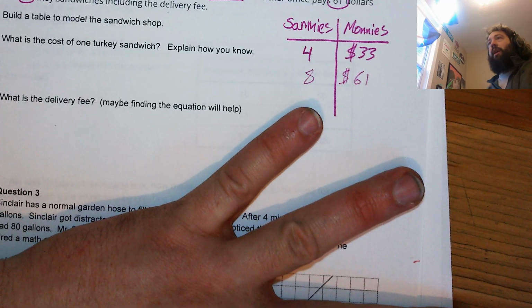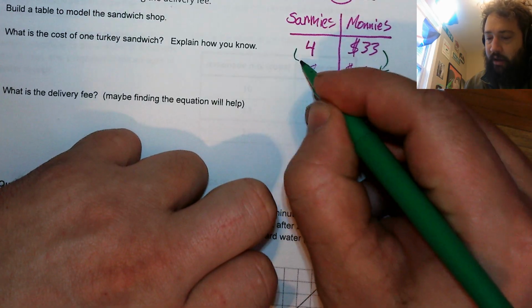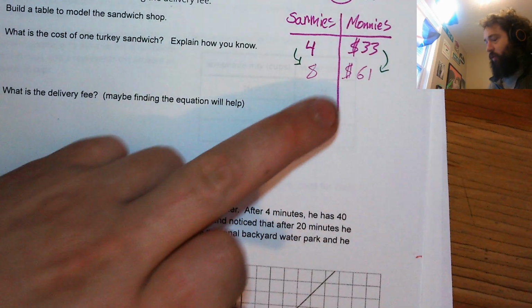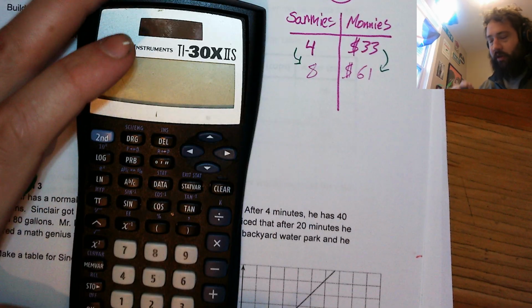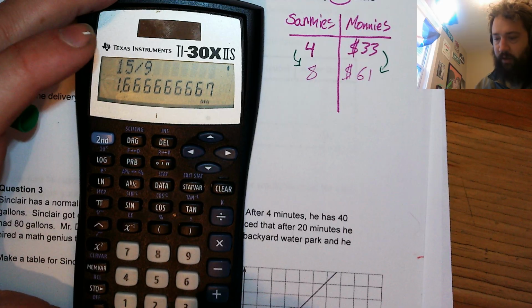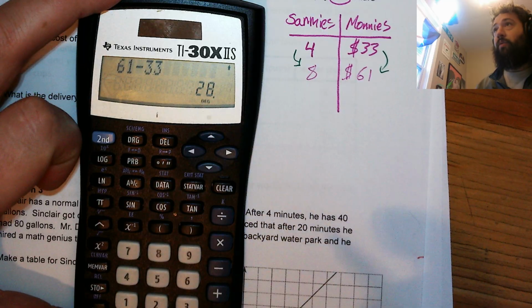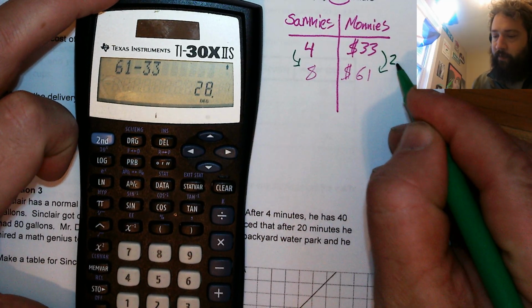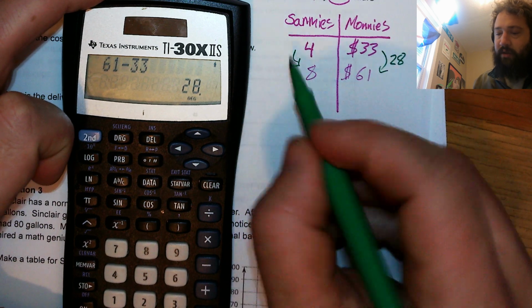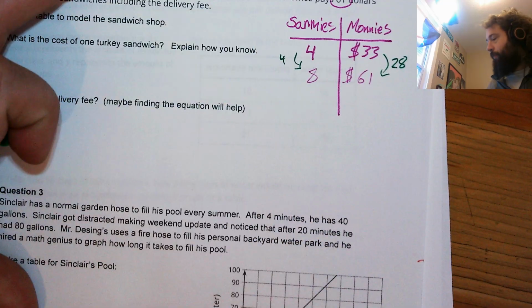Once I have a table like this, I immediately want to find my change. So the difference between 61 and 33 is 28. My difference here is 4, 8 minus 4.